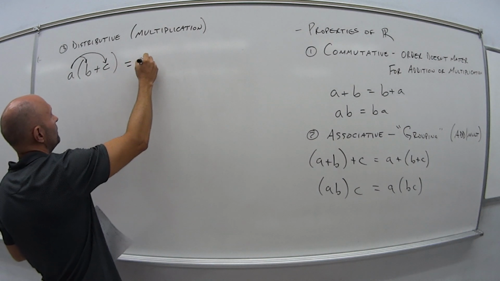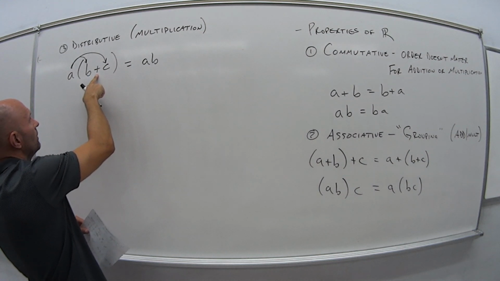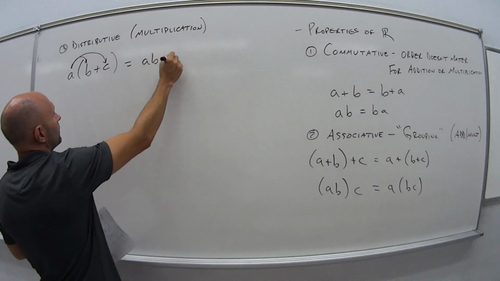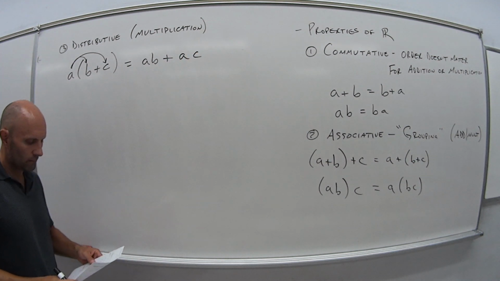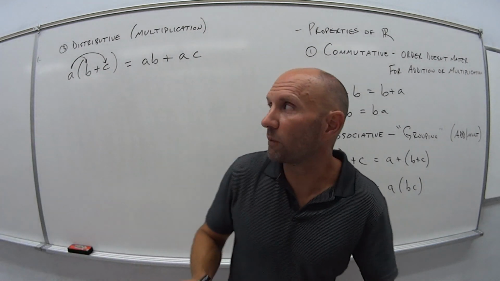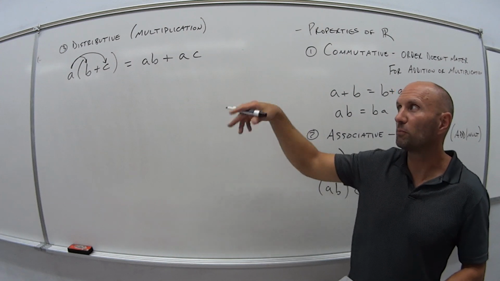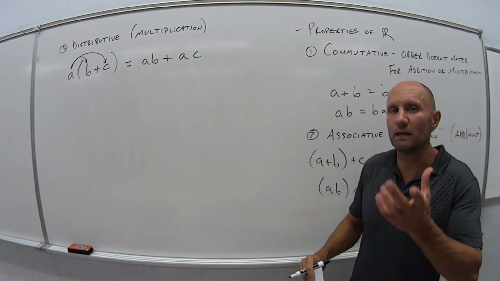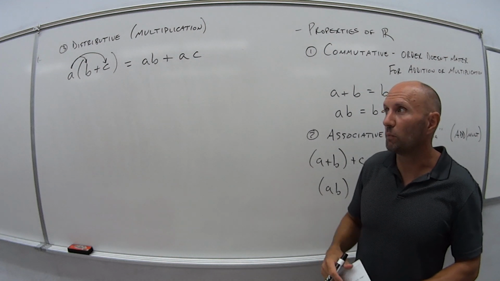So it's the same as A times B plus, and this could be a minus as well, but whatever this sign is, plus A times C. So if I have something of that form, I can distribute the number in front, multiply each one inside separately, then add them or subtract them if it's a negative sign, and I'll end up with the same value.